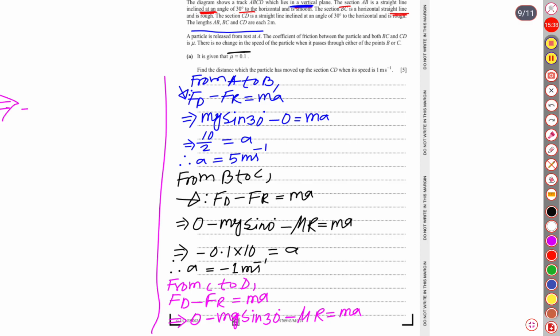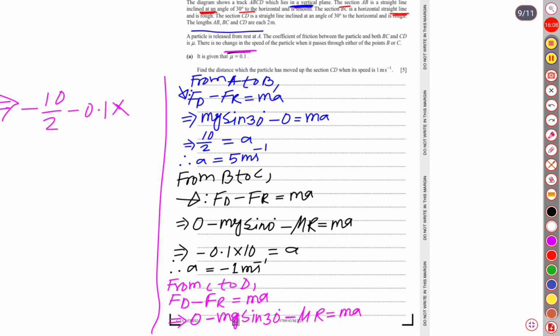So minus, here mg sin 30. Sin 30 is half, mg is 10, and m can be dissolved from every quantity. So it is sin 30, that is half, 10 over 2 minus mu R. Mu was what? We have already calculated. Mu is 0.1, and R is our frictional force.